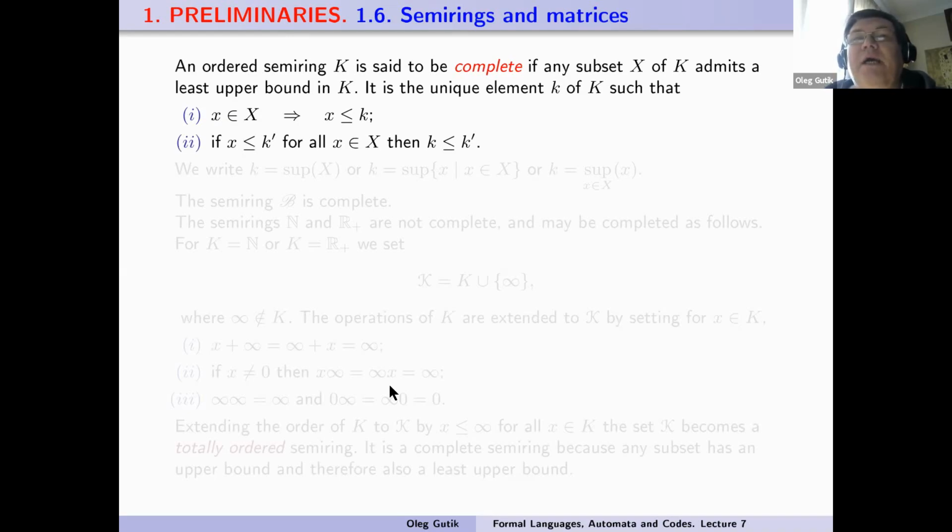Second, if x is less or equal k prime for all x from X, then k is less or equal k prime.